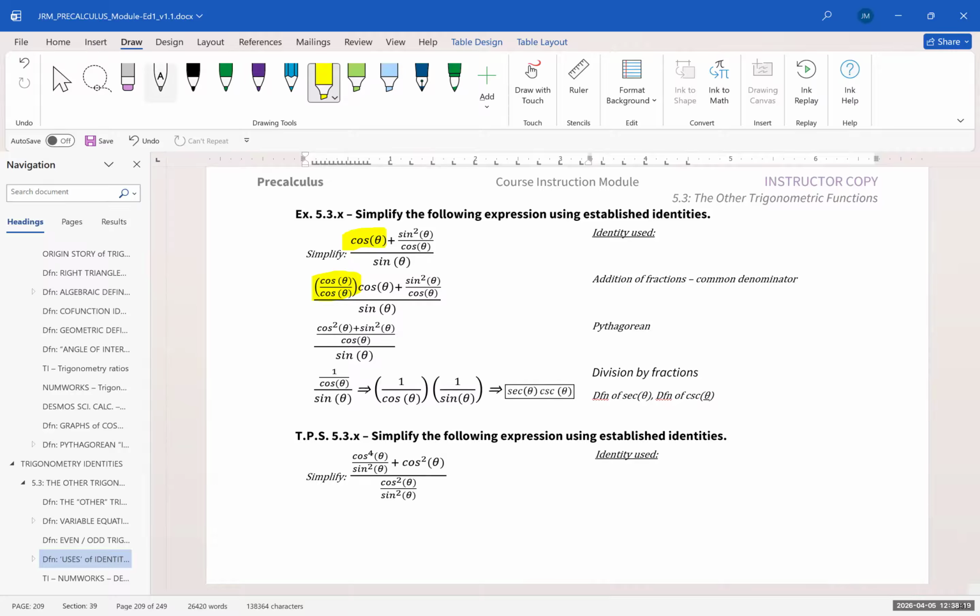Now that these two terms have a common denominator, this would be cosine squared over cosine theta, and this is, of course, sine squared over cosine theta. So you're going to have cosine squared theta plus sine squared theta all over cosine theta.